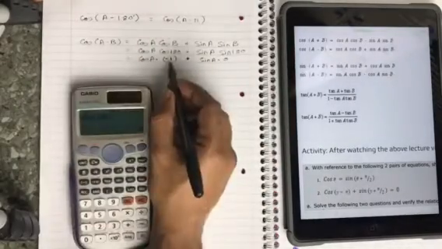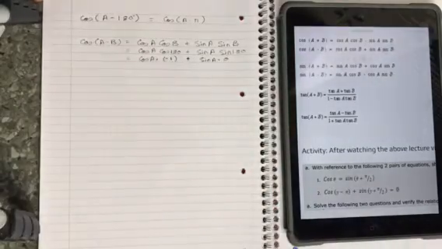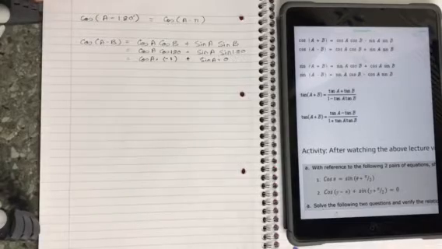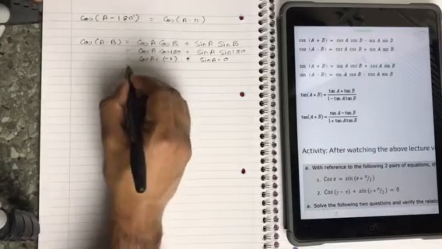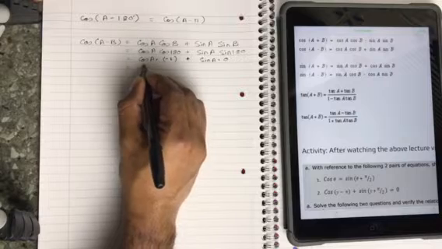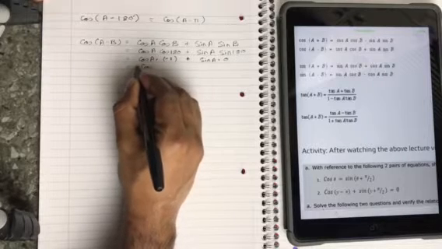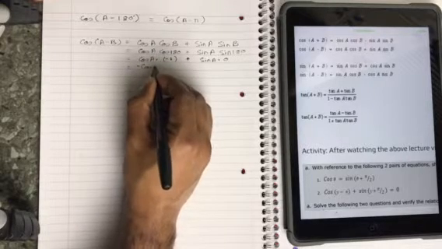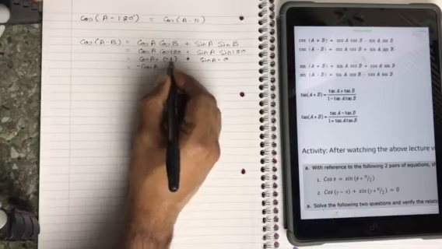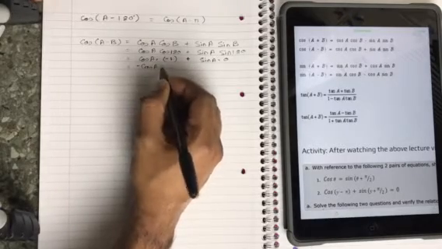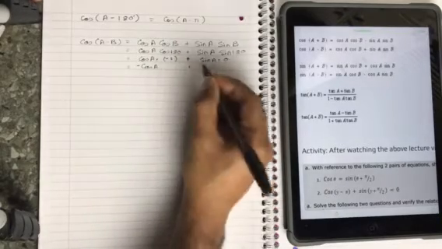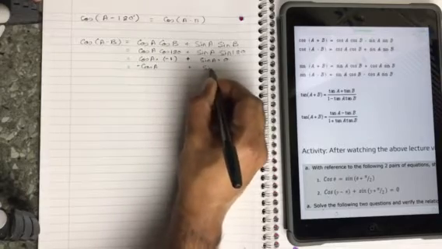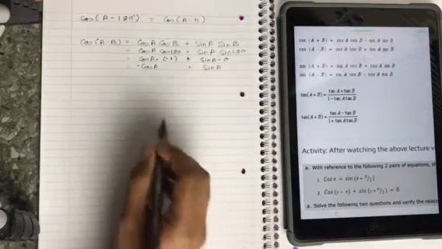As a result of this minus sign, this entire expression goes negative, so that's going to be minus cos of a, because this is cos a multiplied by minus 1, so minus cos of a plus sine a.